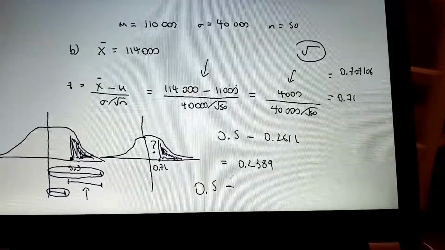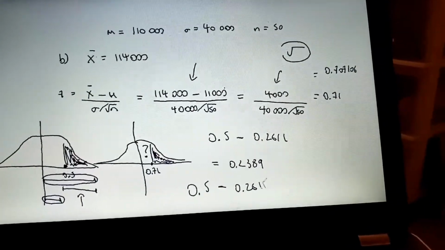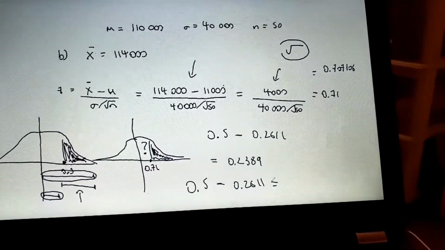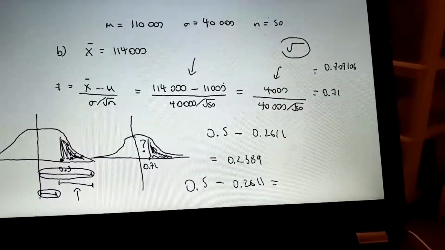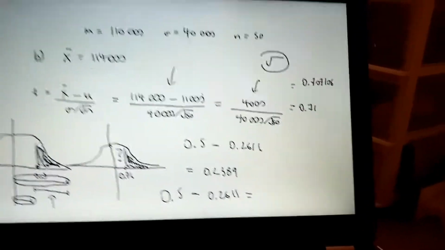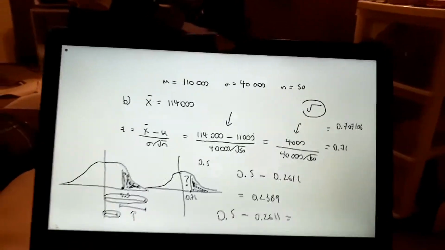That is 0.2611. And then you do 0.5 minus that, and that will give you the actual area that you want. Yeah, okay. If you look at the curve that has the question mark, you see that? Mm-hmm. So what you're doing is the 0.5 is that entire curve on the right side.